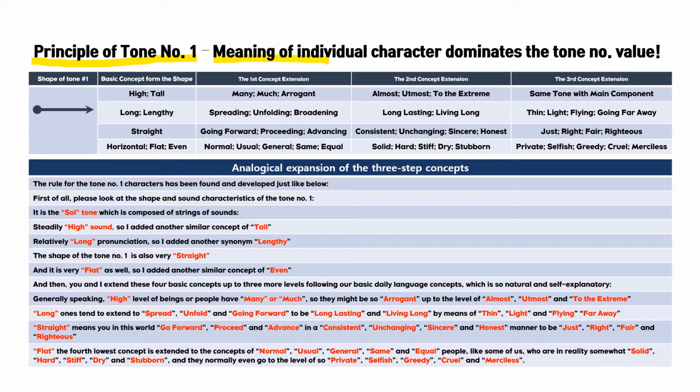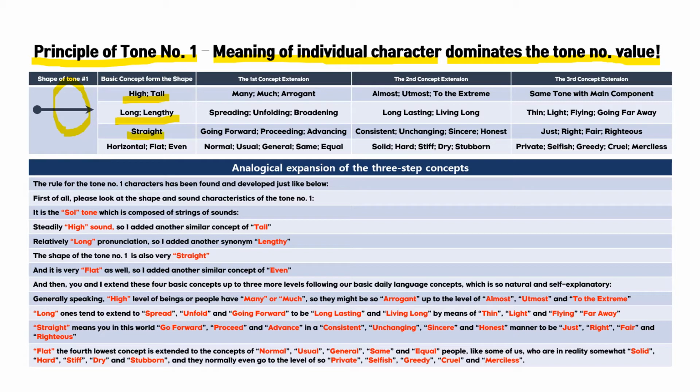The meaning of each individual character dictates the tone number value. From this tone number 1 shape, we have derived 4 major concepts: high, tall, long, lengthy.